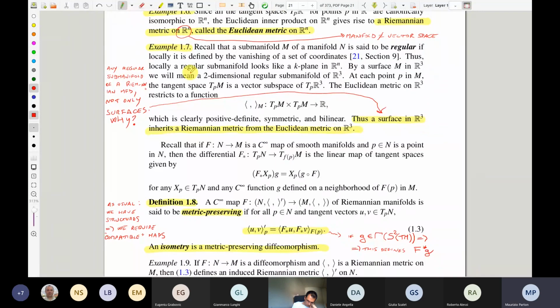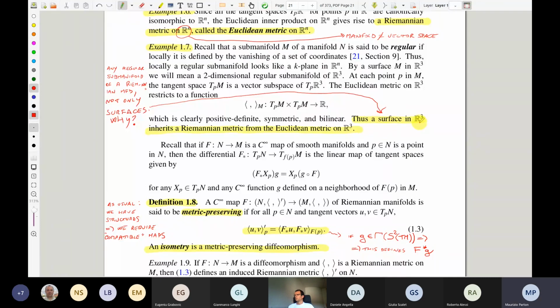This means in particular that if we have a surface in R3, then this surface has a Riemannian metric. Why? Can you tell me why, referring to something I said a few pages before?